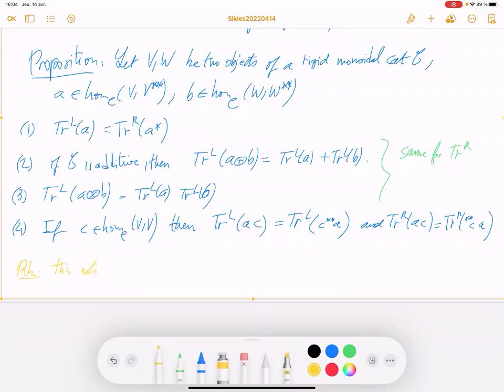This notion of trace has all the properties for being a good generalization of the trace of matrices.